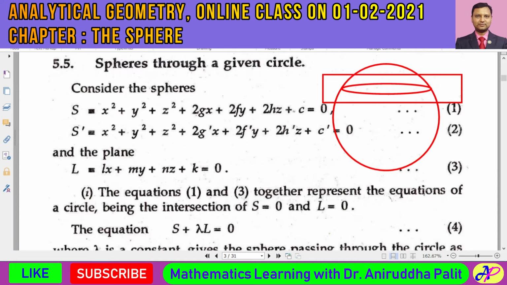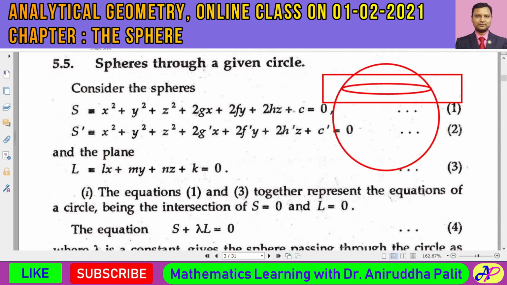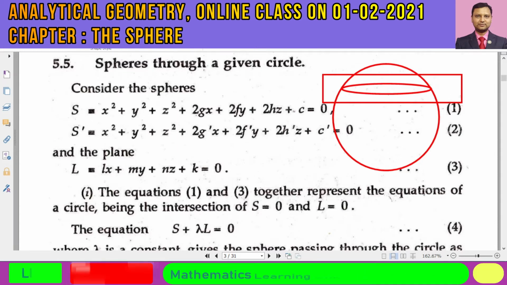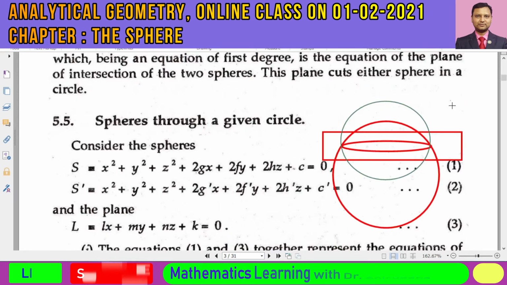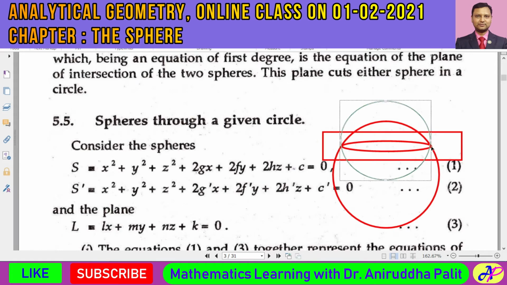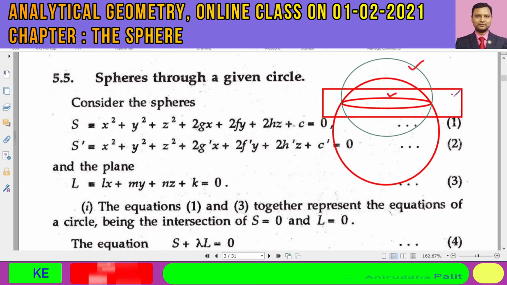Let us consider the equation of a sphere. Let us denote it by another color, say green color. Say this is the sphere through this circle. You see, this circle can be considered as a section of this sphere and this plane.